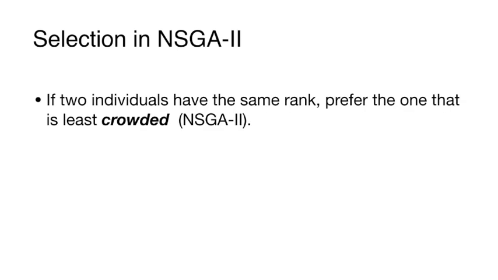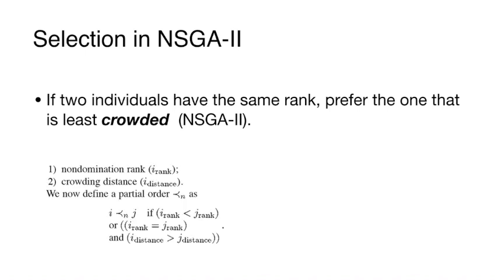NSGA-II, despite using Pareto optimization, also uses a lexicographic approach to compare two solutions. First of all, NSGA-II compares the Pareto ranks of the two solutions. So there's a solution I and there's a solution J. If the rank of solution I is lower than the rank of solution J, then I is the winner.